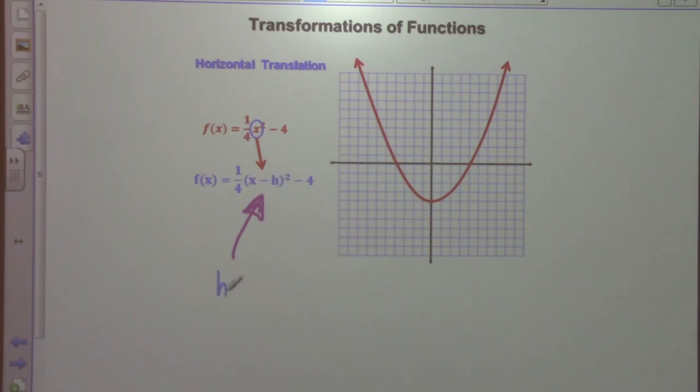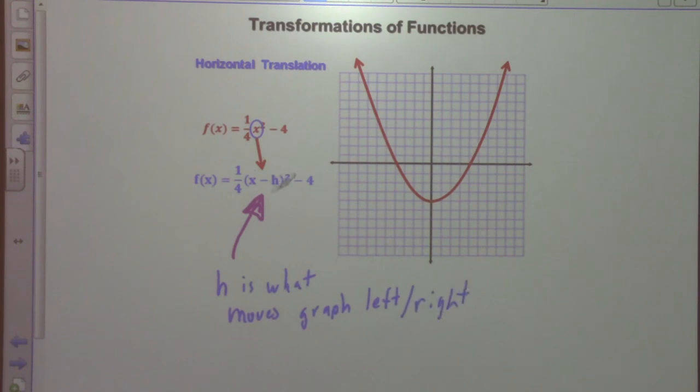So h is what moves the graph left and right. Left, I'm going to put left slash right. Okay?